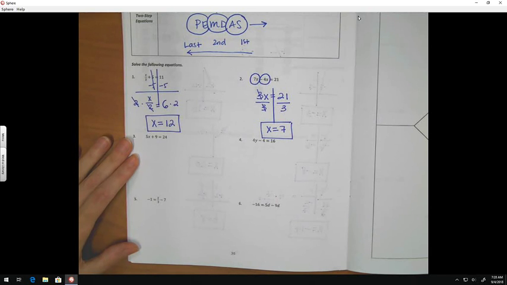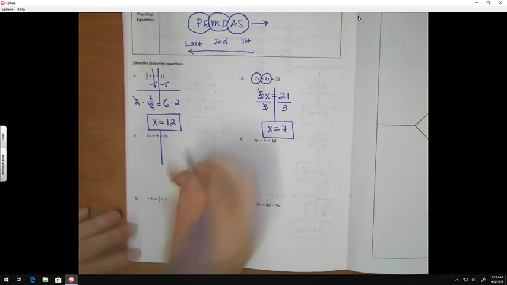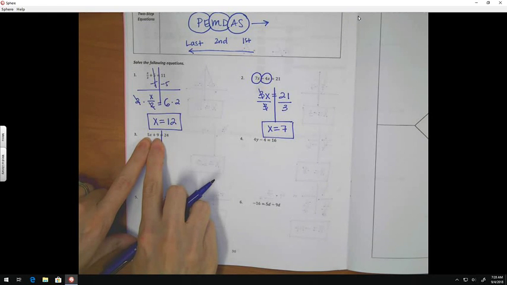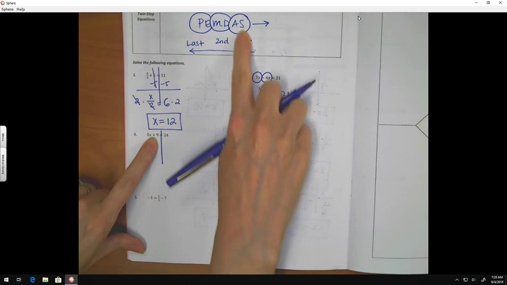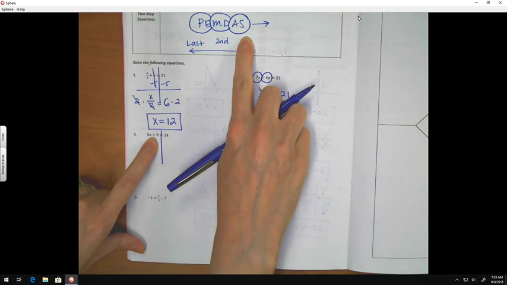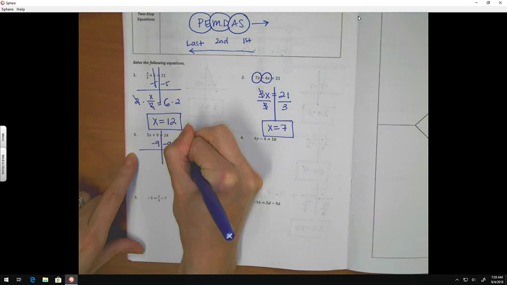All right, number 3. Let's do a couple more together. So number 3, we're going to draw the wall. Now, what do we do first? Do we want to undo the multiplying by 5 or the adding 9? Well, first we do the addition and subtraction. Remember, it's backwards. So first, we're going to minus the 9 over, undo it.